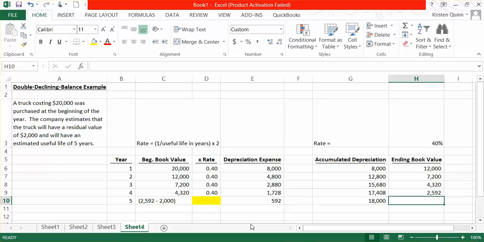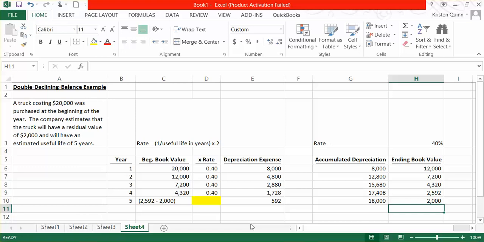We will again calculate our ending book value by taking our initial cost of $20,000 and subtracting away the $18,000 in accumulated depreciation, which gives us an ending book value of $2,000. Notice that my ending book value matches my residual value.